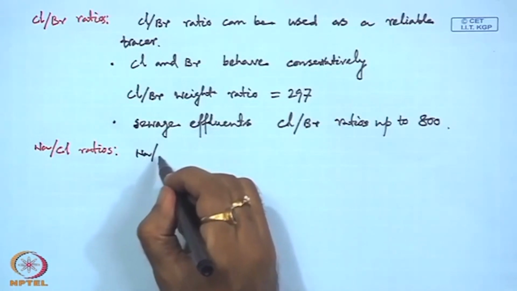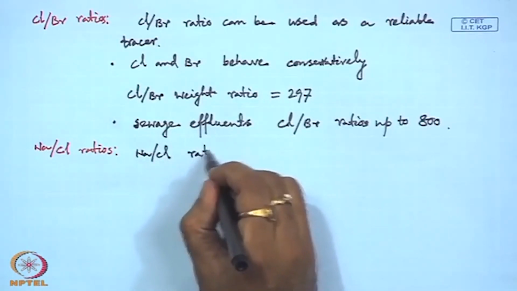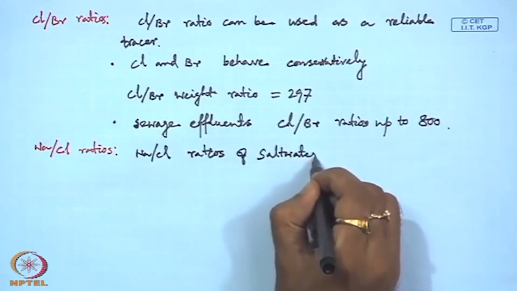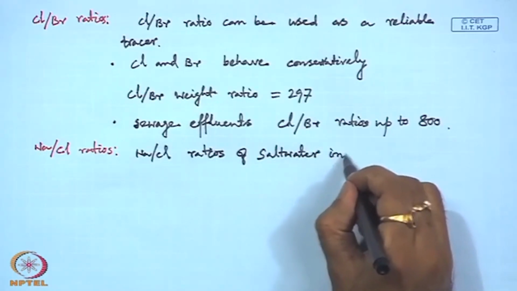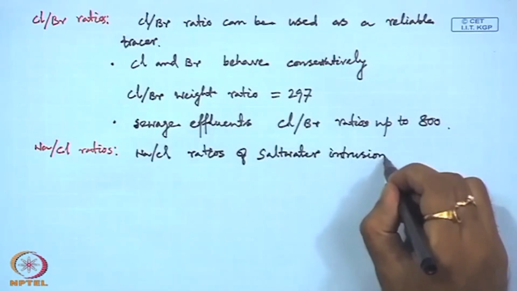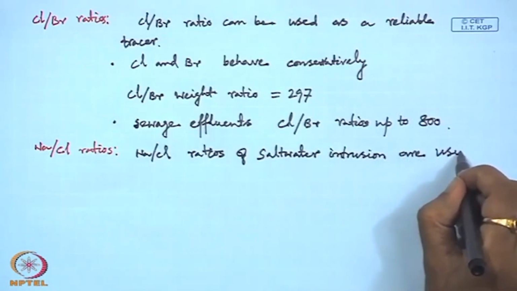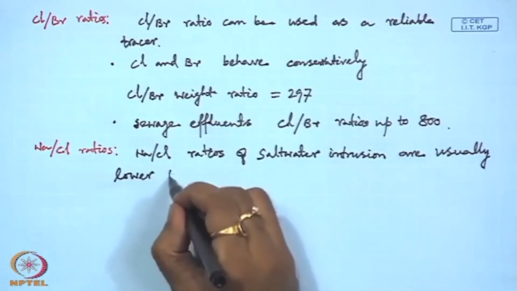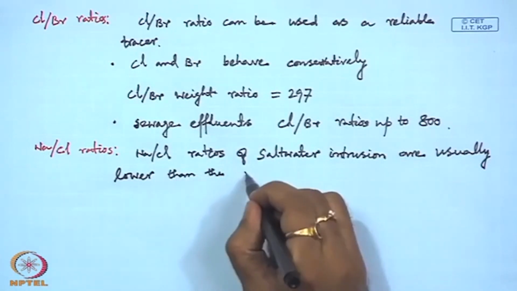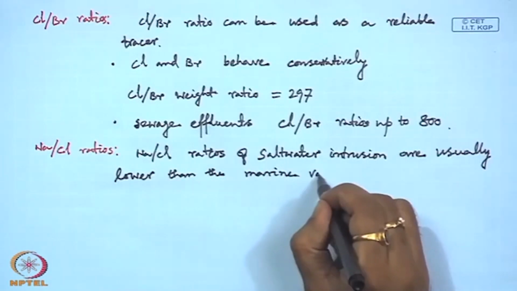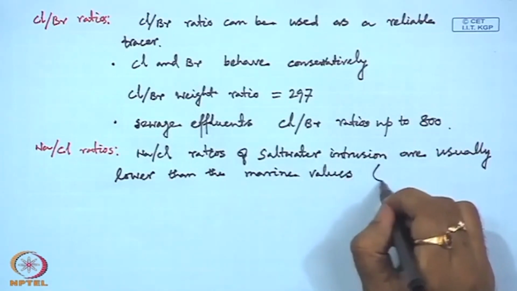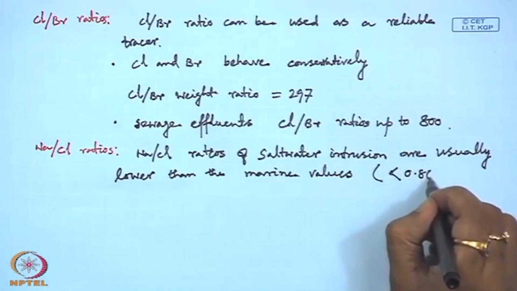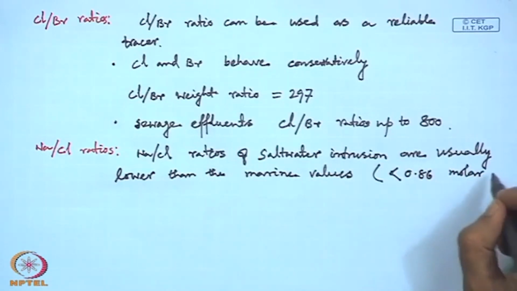Sodium to chloride ratios of saltwater intrusion are usually lower than the marine values, which is less than 0.86 molar ratio.